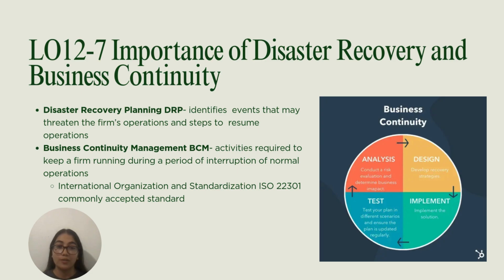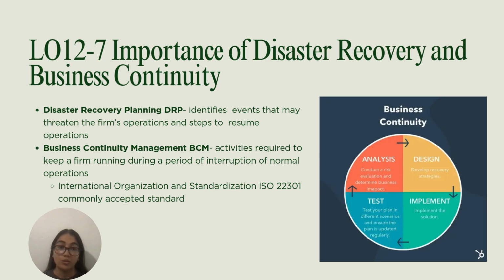Another term is Business Continuity Management (BCM), which are activities required to keep a firm running during a period of interruption of normal operations. The International Organization for Standardization (ISO 22301) is the commonly accepted standard that establishes process, principles, and terminology of continuity management for business and IT functions.